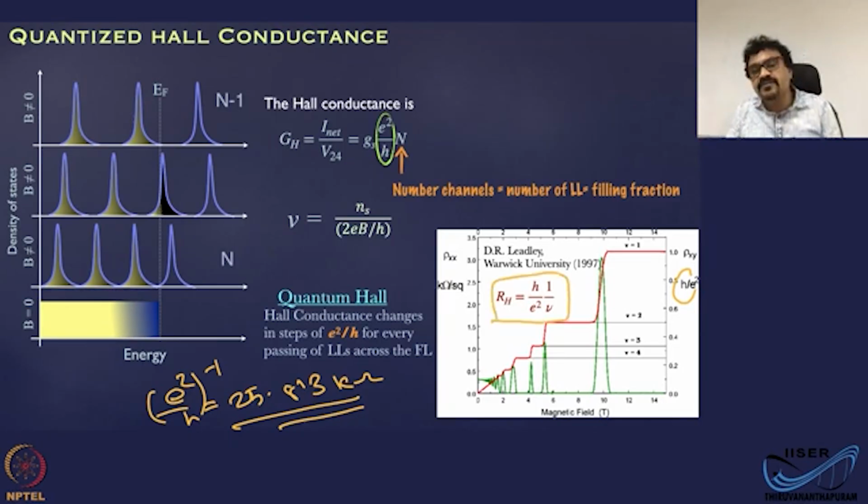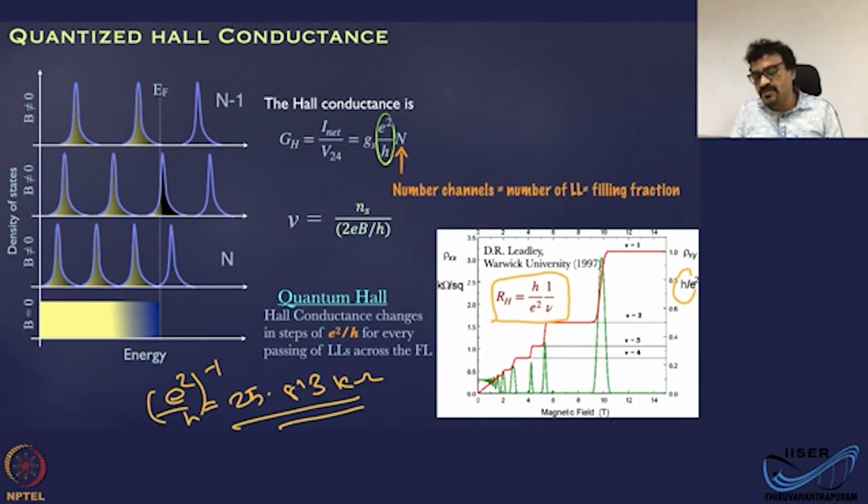The resistance is given by this formula here, h by e square into 1 by nu, because you start with one single channel. Even if the field is very high, when you reduce the field, you will slowly pull the Landau levels back below the Fermi level. Then every time one level comes in, you have one extra channel. That means the resistance will reduce by this number, 1 by nu.